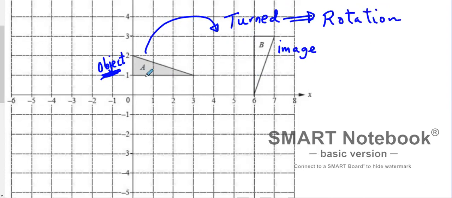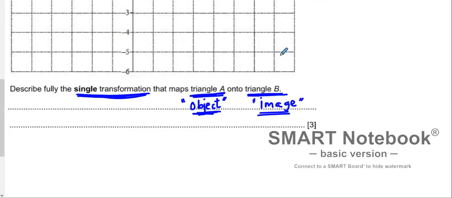So the type of transformation which is moving triangle A onto triangle B is purely rotation. How did I know? You can see that the shape A has been turned around onto triangle B. So the type of transformation here is rotation.